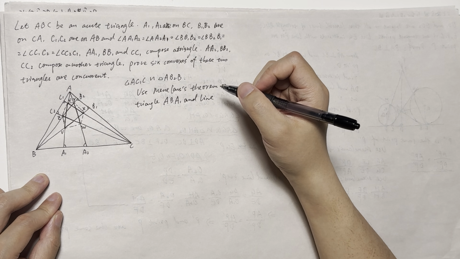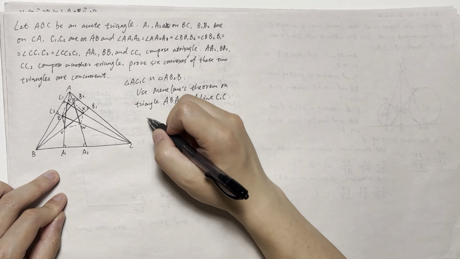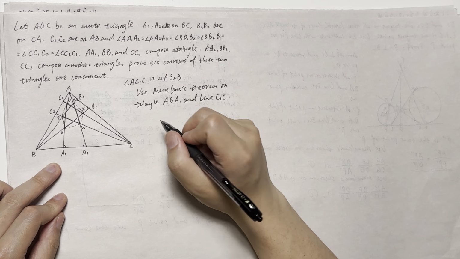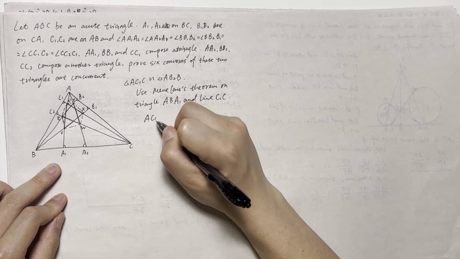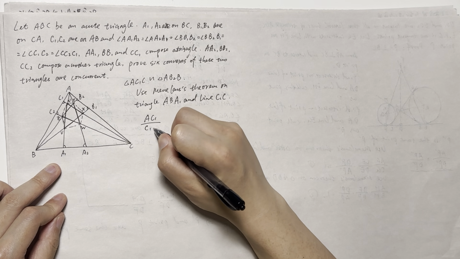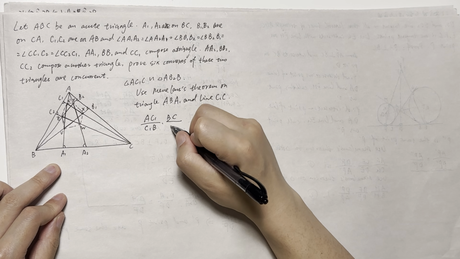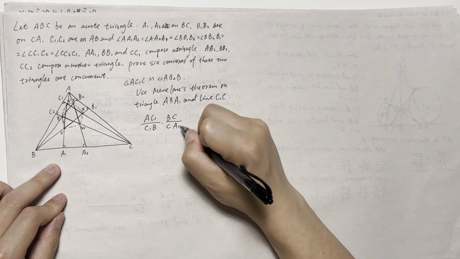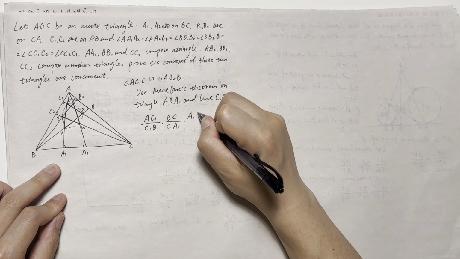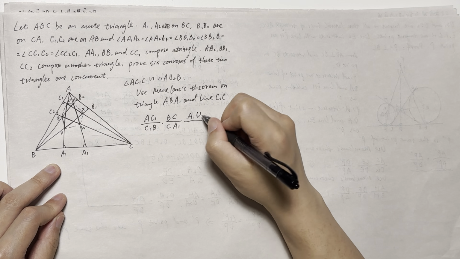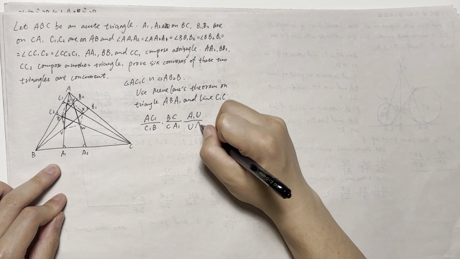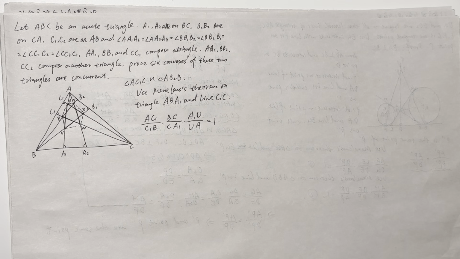Because we want to find the ratio of AU to UA1. So here we have AC1 divided by C1B times BC divided by CA1 times A1U divided by UA equals 1.